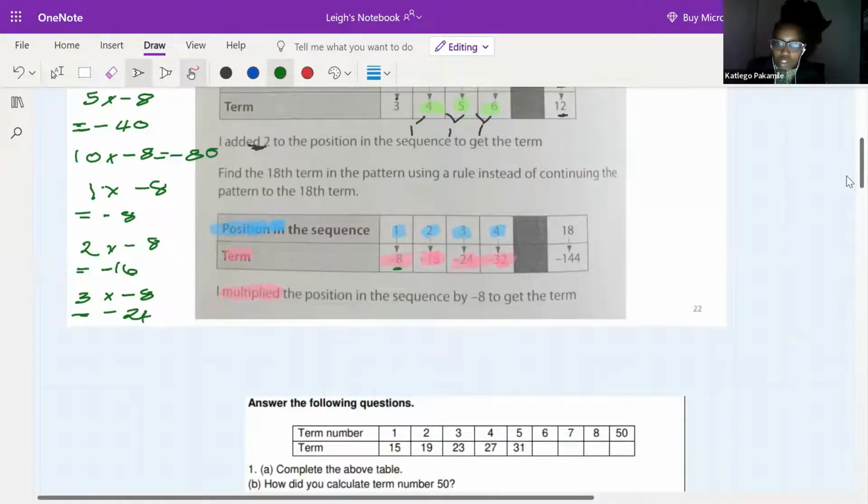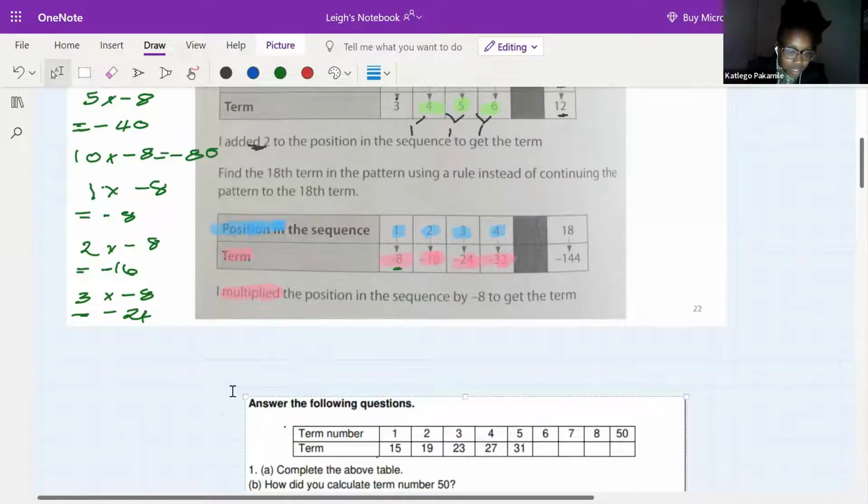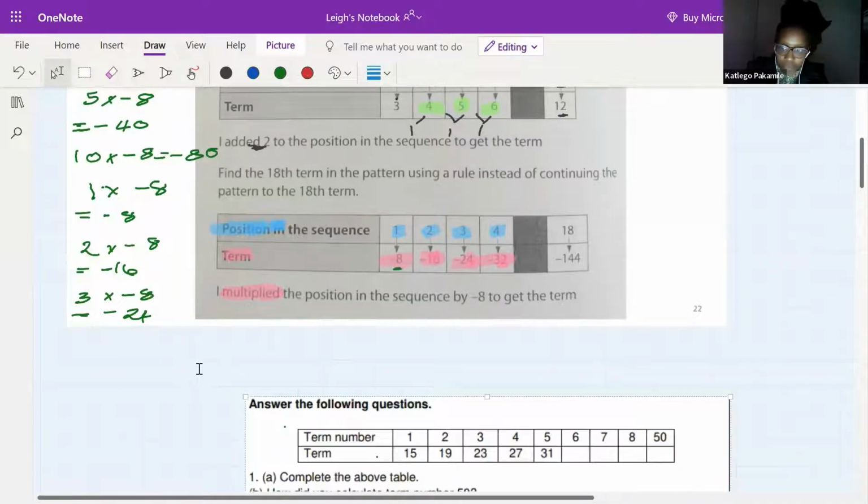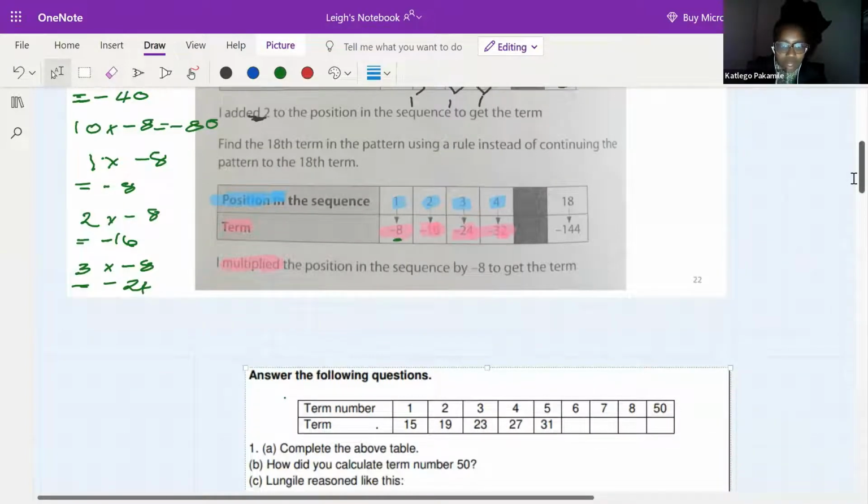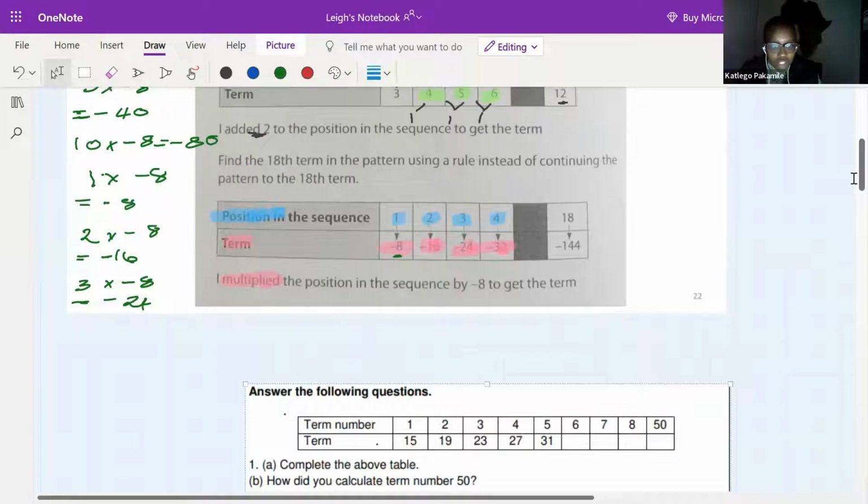Okay, so let's look at this table below. In this table, we have a term number, which is our position.